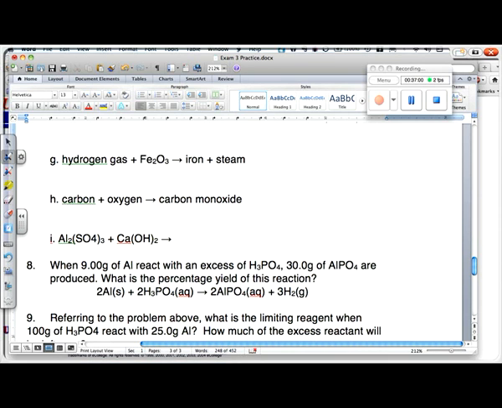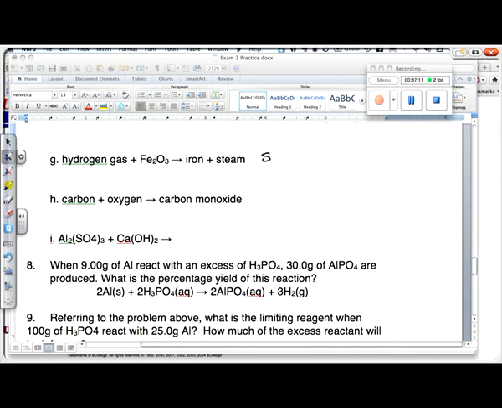What type of reaction do we have in G? I see element, compound, new element, different compound, so this tells me single replacement. Hydrogen, H2, and I don't know why I gave you the formula for iron 3 oxide, I'm slipping.